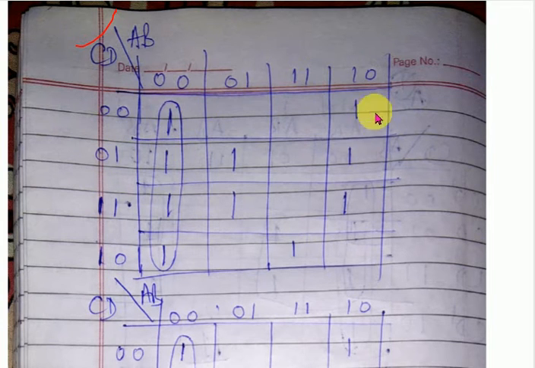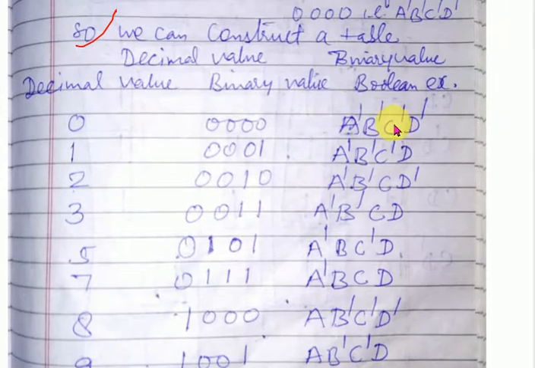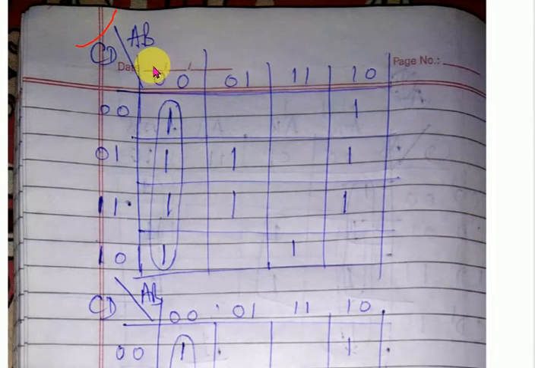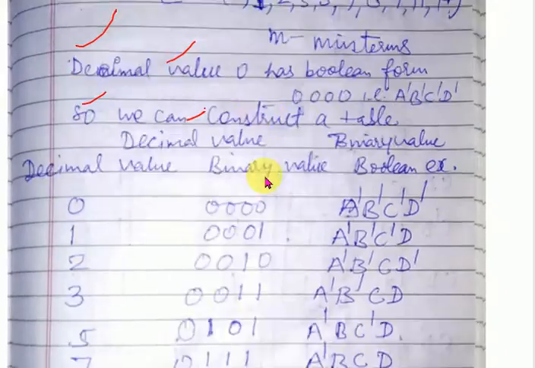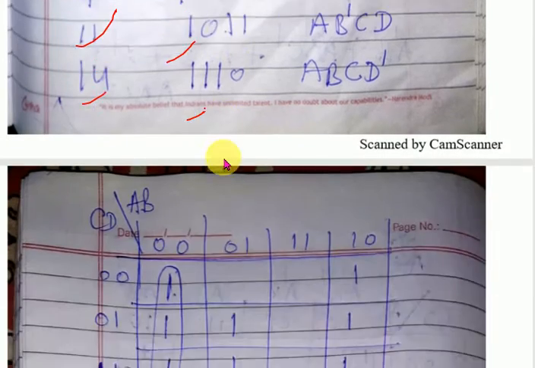So here corresponding to these 10 terms, for example, A dash B dash C dash D dash. So A dash B dash is this and C dash D dash is this. So write here 1. So we represent all these Boolean expressions, or we can say all these binary representations.